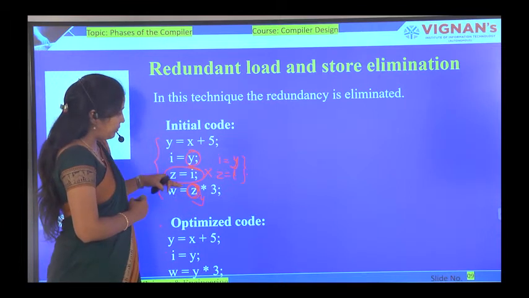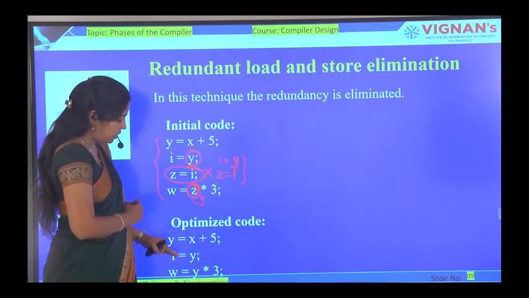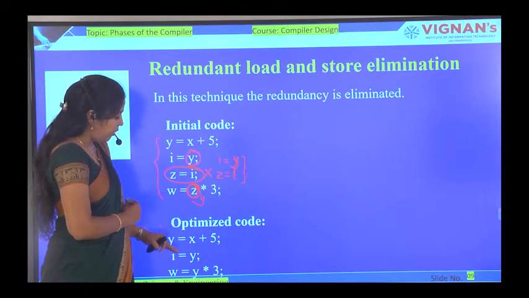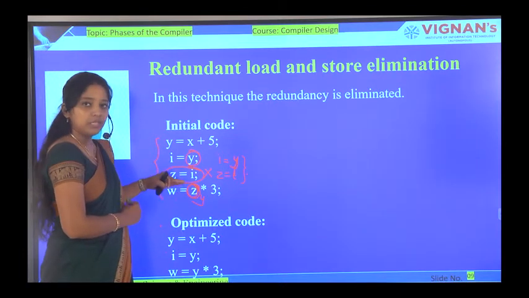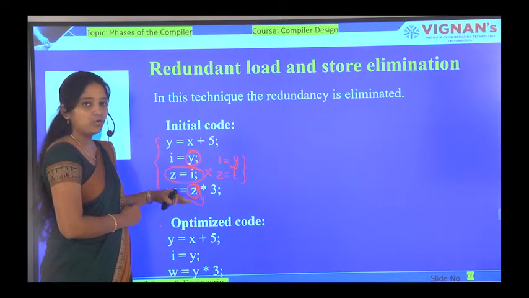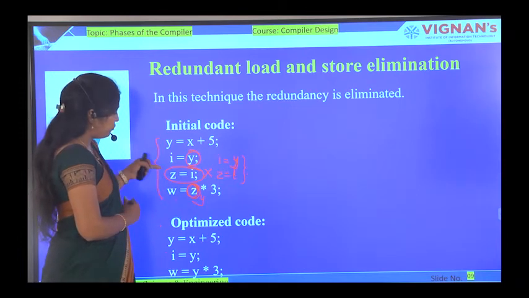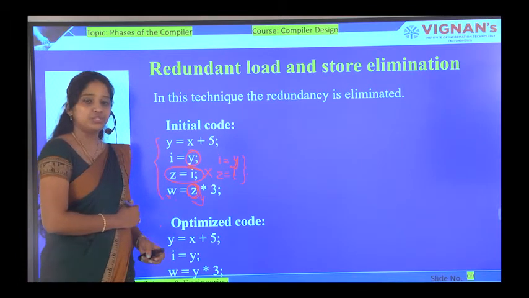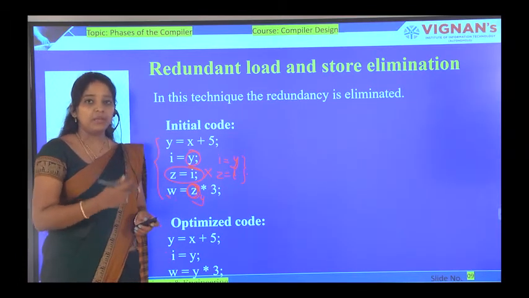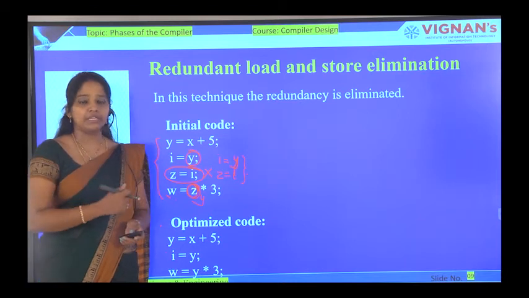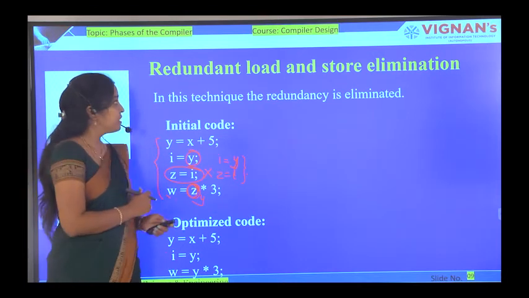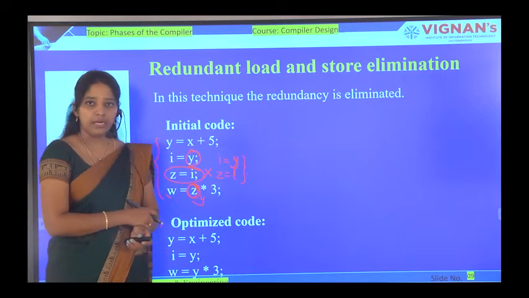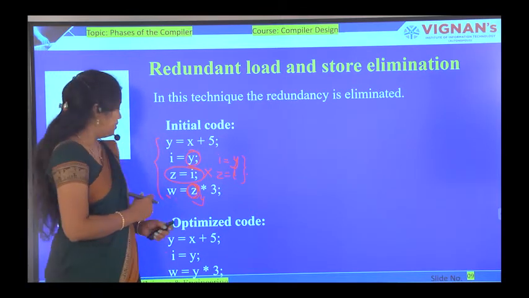By optimizing this, the size of the code is reduced. Before optimizing, the code has 4 lines. After optimizing, the code is reduced to 3 lines. By eliminating the duplication, we can reduce the size of the code. So that is redundant load and store elimination.